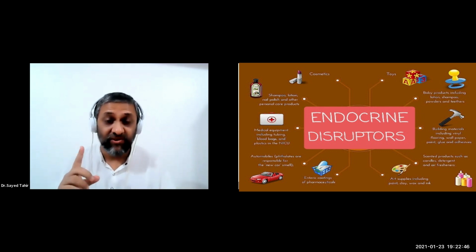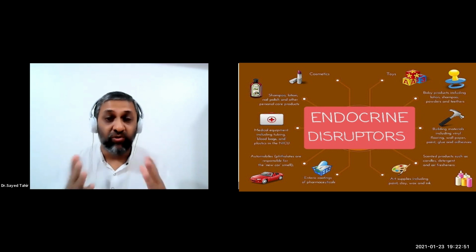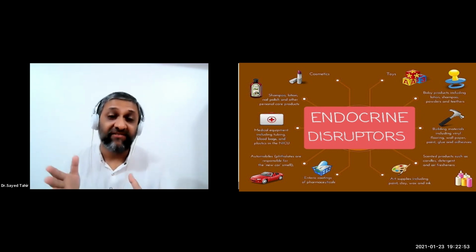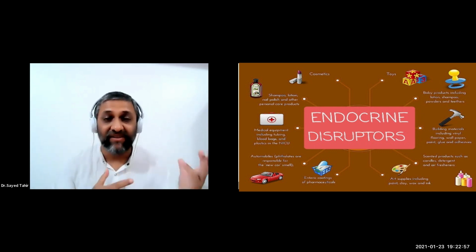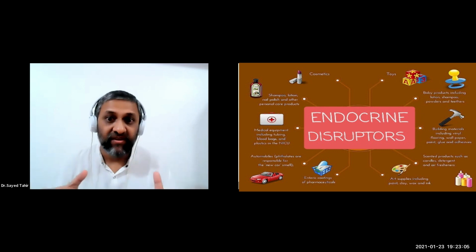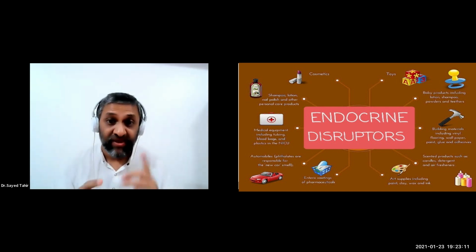It was first introduced as an anti-nausea and vomiting medicine for pregnant women. Whoever took that, their kids were born limbless, some without hands. Germany was worst affected. That's when they recognized that, yes, these chemicals can affect development and regenerative abilities.